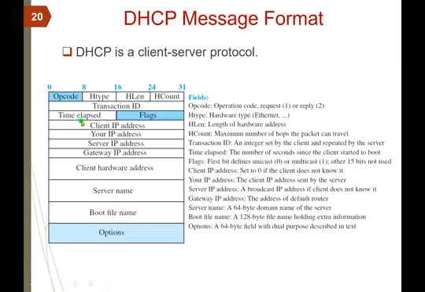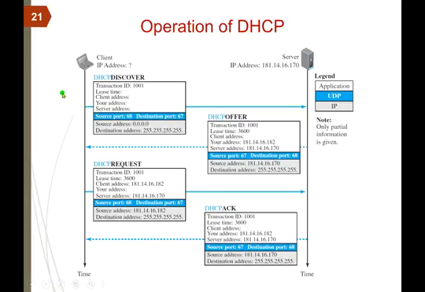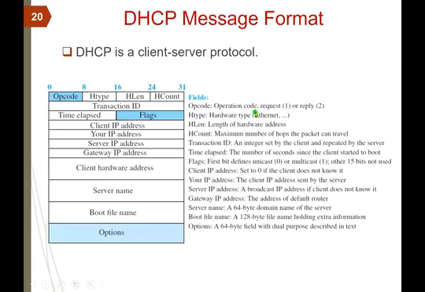The message format of DHCP, this is the header of the DHCP protocol. The first byte is the opcode, operation code, which is either a request or a reply. H type, hardware type, is it Ethernet or token ring or whatever.